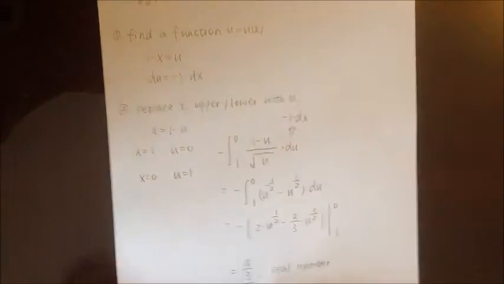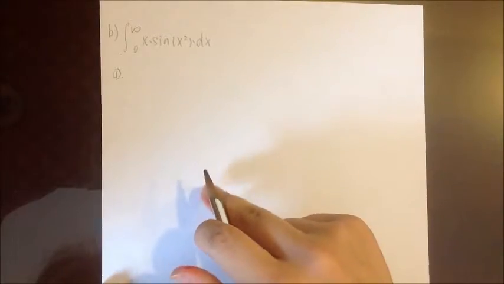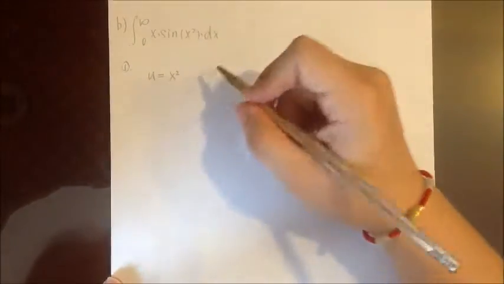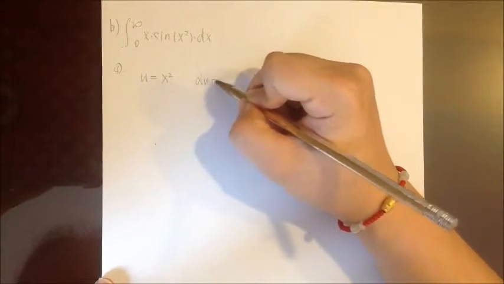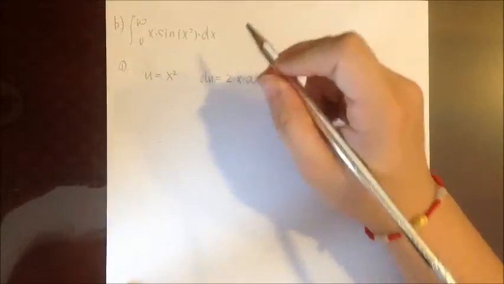Okay, let's see the next example. For this integral, we can follow the same steps we did for the first one. At first, we should find a function u in terms of x. For this one, I choose u equals to x squared, which means du equals to 2 times x times dx.